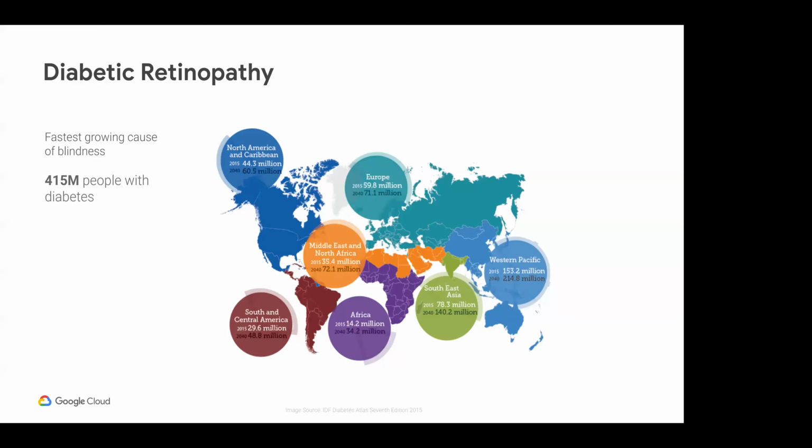Here we are talking about a condition called diabetic retinopathy, which causes blindness in diabetic patients. It's one of the fastest growing causes of blindness across the world. You can see in Africa, the number is 14.2 million right now, projected to be 34.2 million.